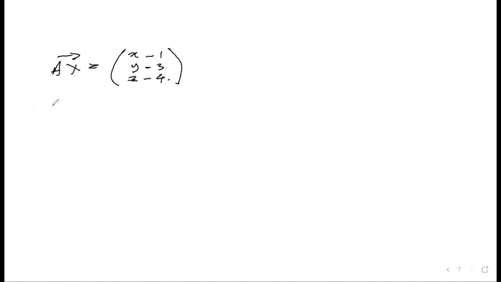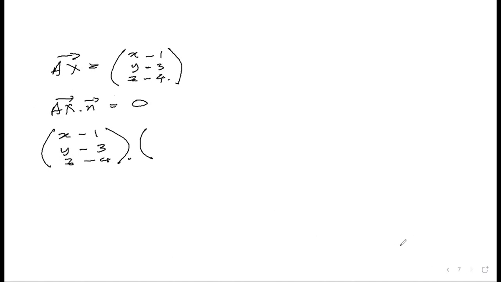Then you find the dot product of the normal and the AX. The n was negative 9, positive 6, and positive 15, equals 0.